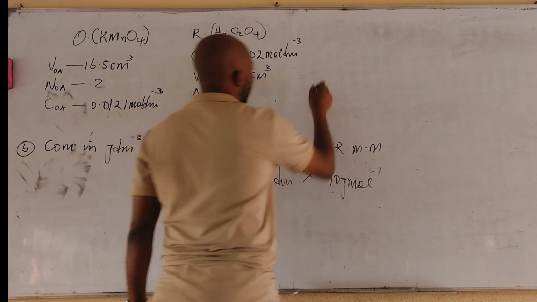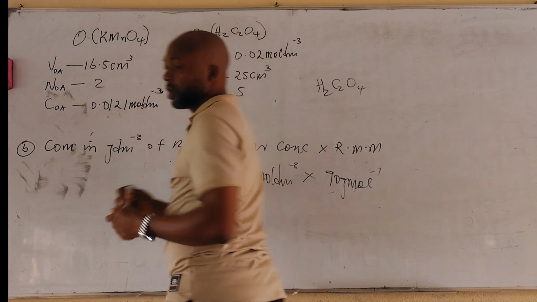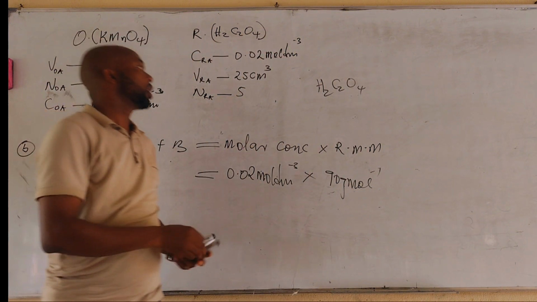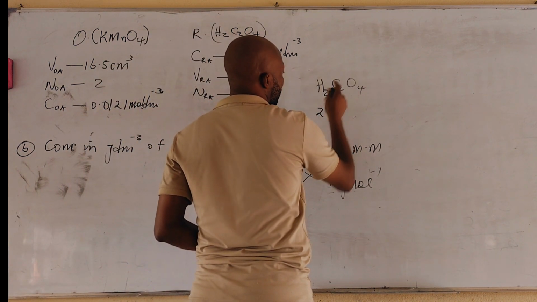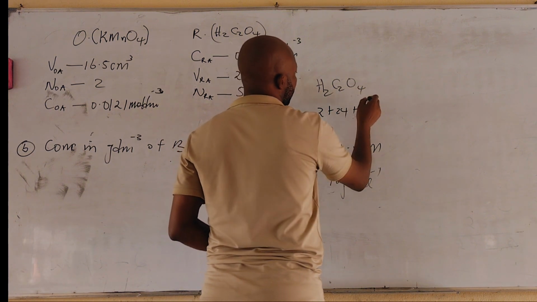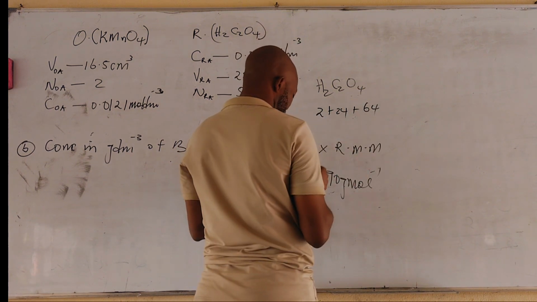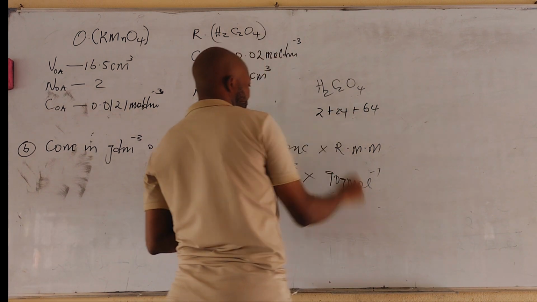Now, how do we do that? H2C2O4. Now, this is 2, plus carbon is 12, that's 24. Oxygen is 16, that is 64. That gives 88. 90.